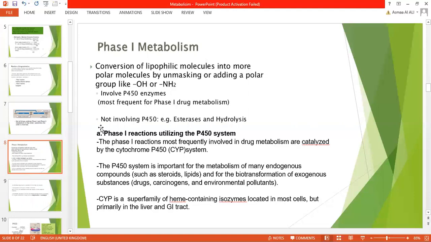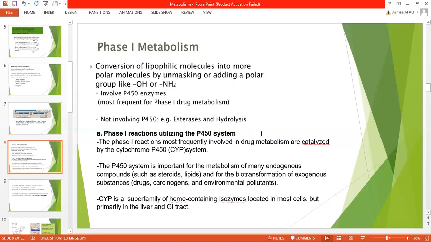And there are also reactions not involving cytochrome P450, for example esterases and hydrolysis. Now we will explain phase 1 reactions utilizing the cytochrome P450 system.